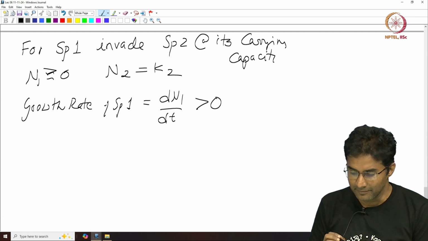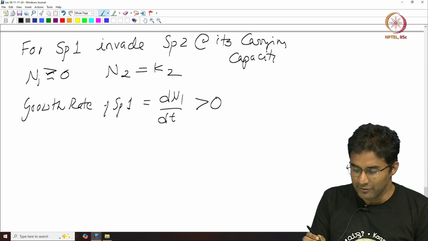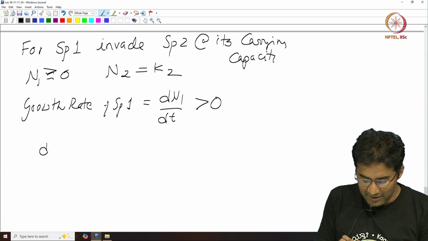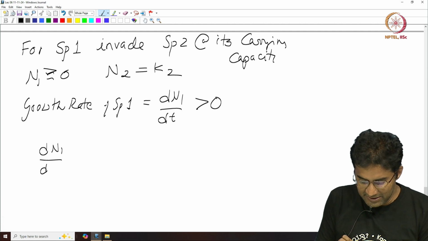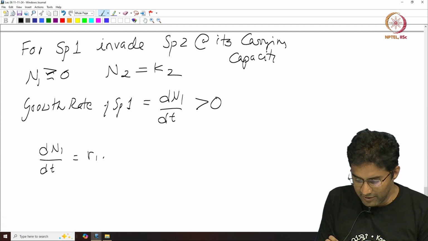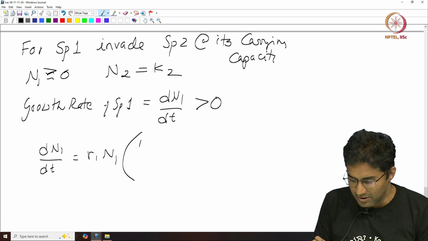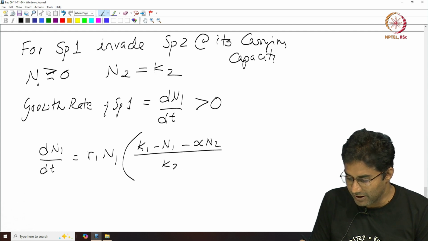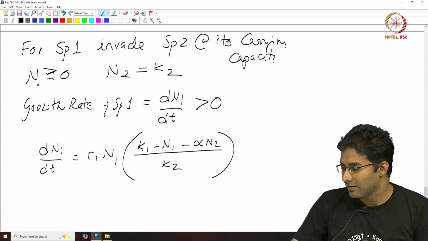For this, we need to understand when the growth rate dN1 by dt is greater than 0. Remember that the expression for dN1 by dt is given by R1 N1 times K1 minus N1 minus alpha N2, divided by K1.